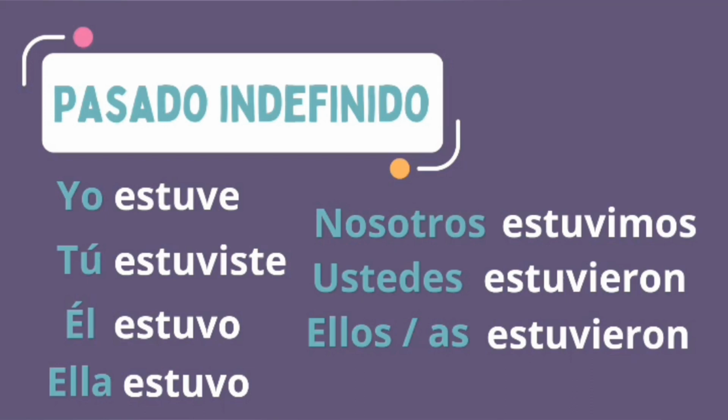Yo estuve, tú estuviste, él estuvo, ella estuvo, nosotros estuvimos, ustedes estuvieron, ellos or ellas estuvieron. Okay, this is the way you have to conjugate this verb, estar, okay, in the indefinite past.